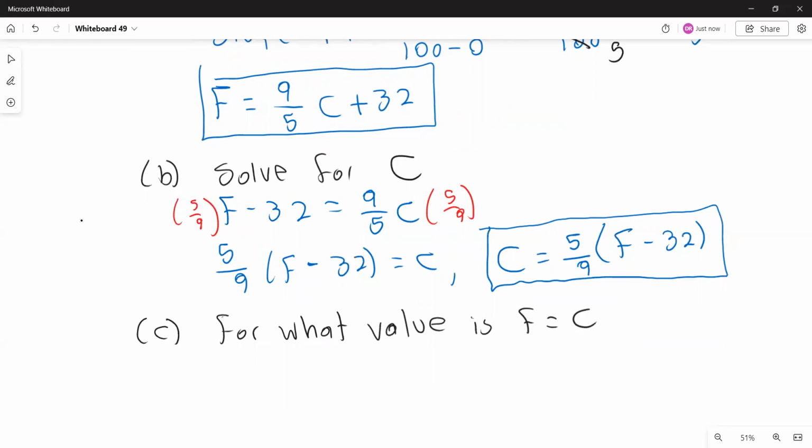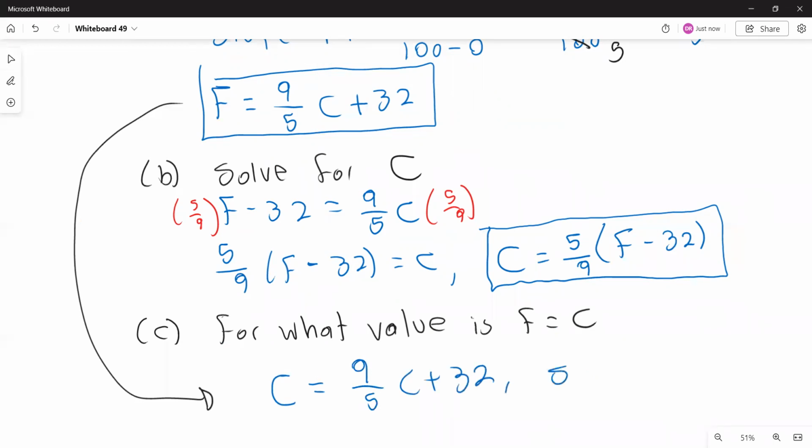What we can do is plug it into any of the equations. Let's say we let F equal C. So we plug this into the first equation. We can see that C is 9/5 times C plus 32. We're going to solve this for C.